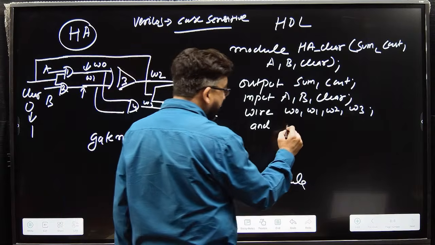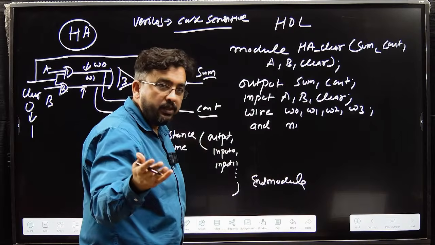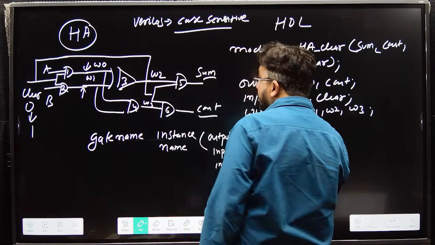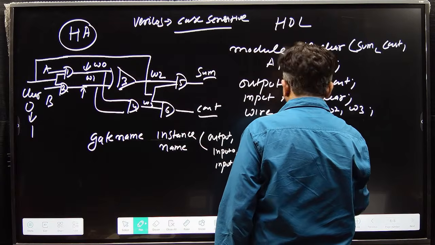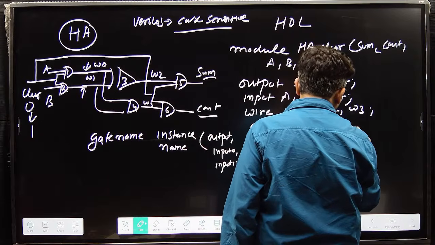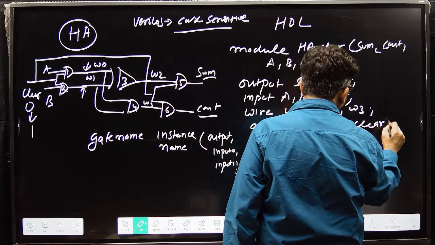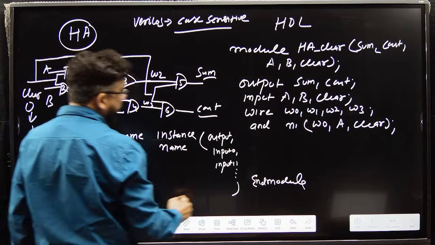I'm calling it N1. You can write P1, P2. The output of this gate is W0, and the input of this gate is A and clear. Semicolon.